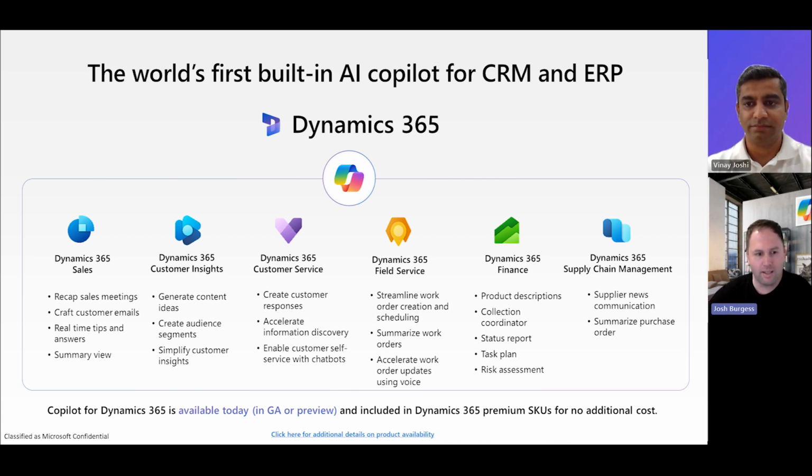So looking at Dynamics 365 now, it's the world's first AI-driven ERP and CRM solution end-to-end. So you're getting very rich Copilot experiences for no additional cost baked into D365 apps. So you can do some amazing things.